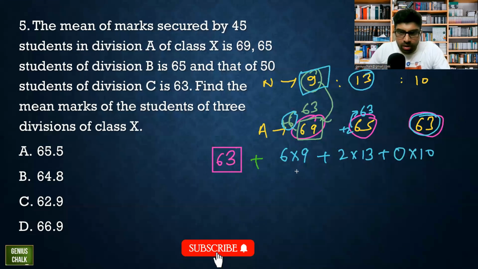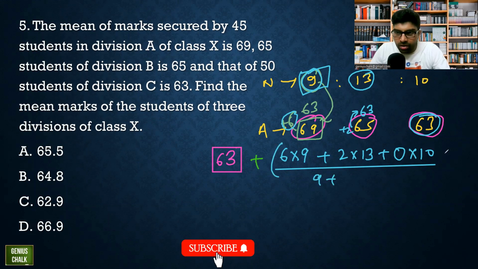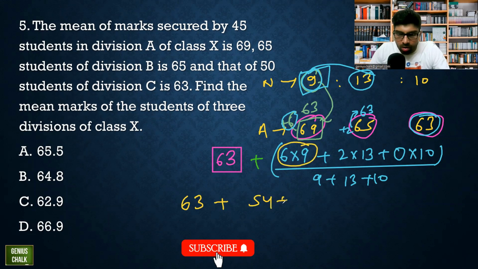Now, this is the sum of deviation. I'll divide it by the total number of people. This is extra sum, and this will be distributed among everybody. So 9 plus 13 plus 10. So what is the average? This is 63 plus, this becomes 54, this becomes 26. 54 plus 26, 80.